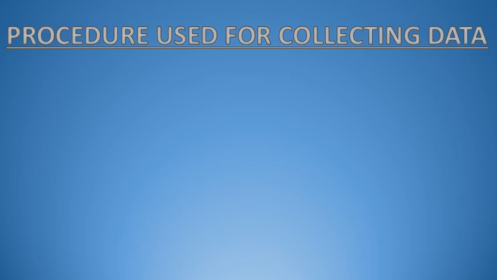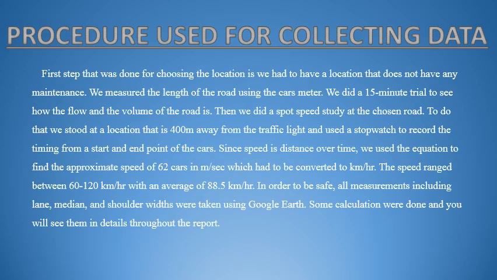Procedure used for collecting data. First of all, we chose a location that does not have any maintenance. Then we measured the road using the car's meter. A 15-minute trial was done to see how the flow and the volume of the road is. Then we did a spot speed study for our road, and to do that we stood at a location that is 400 meters away from the traffic light and used a stopwatch from our phone to record the timing.